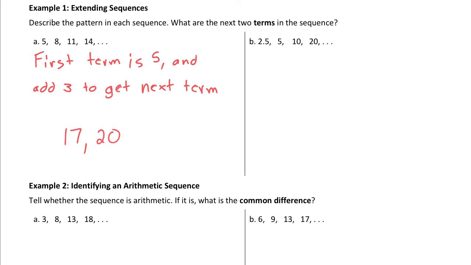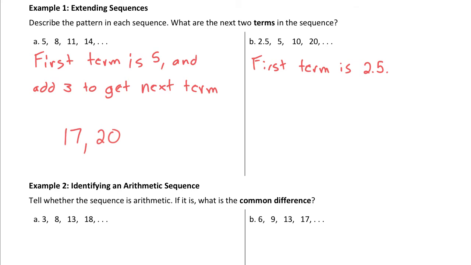So simple as that. Now, in the next one, I've got 2.5, 5, 10, 20. Now, this one, first term is 2.5, and then to get the next term, we're not adding a number.